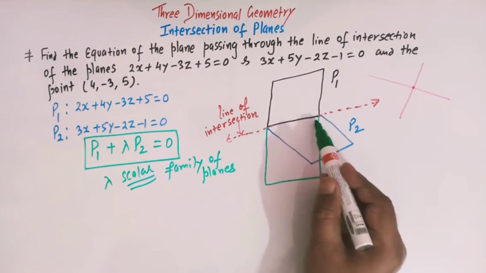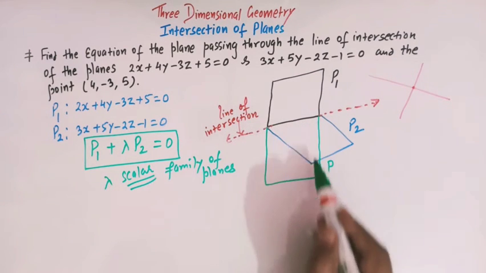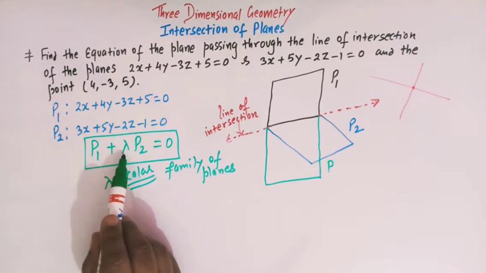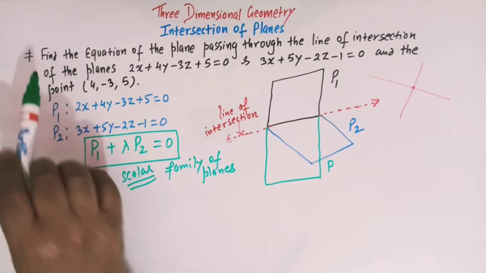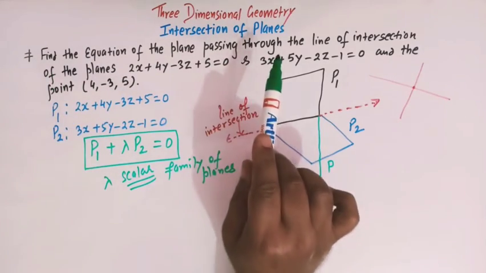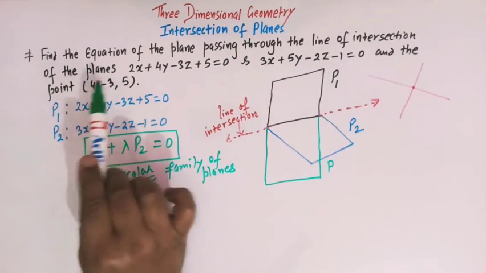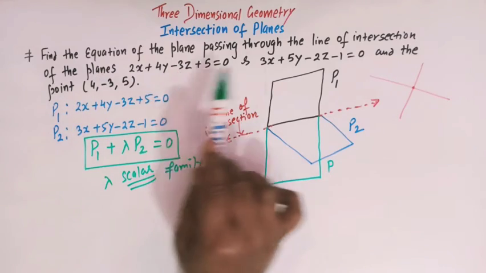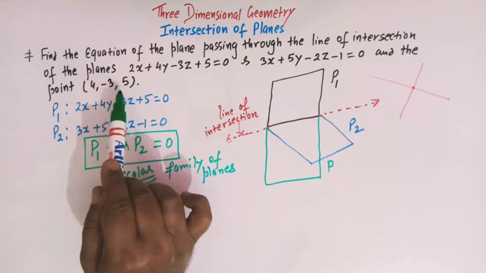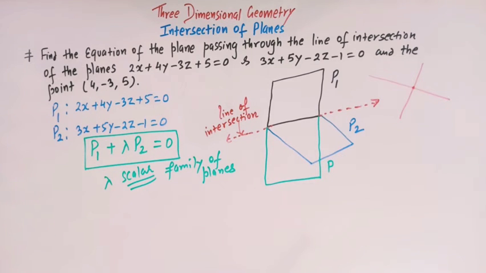Here we have to find the equation of the third plane P for some value of λ. We are given the problem: find the equation of the plane passing through the line of intersection of the planes. These two planes are given, and the point (4, -3, 5).